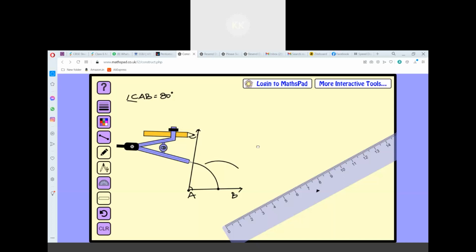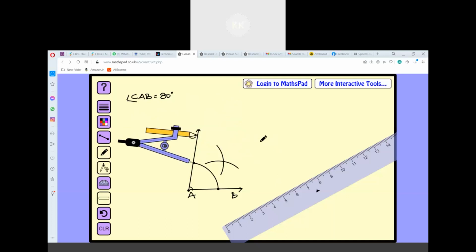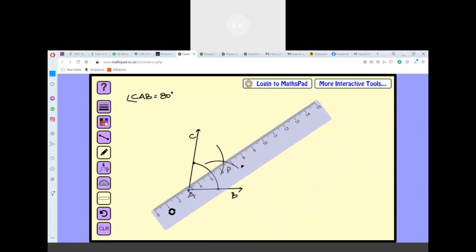Then you have to rotate it so that they intersect. Now this point of intersection, let me name it as, say, point P. Now I would like to join this with point A. Now A and P are joined together.